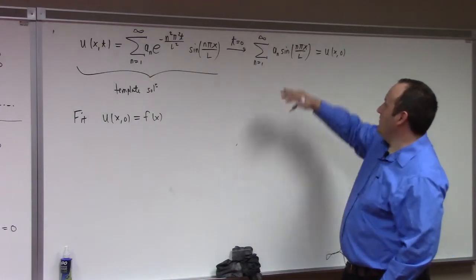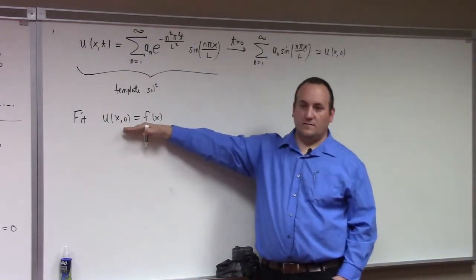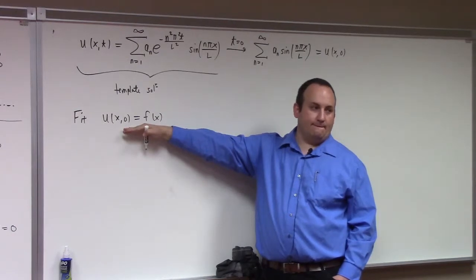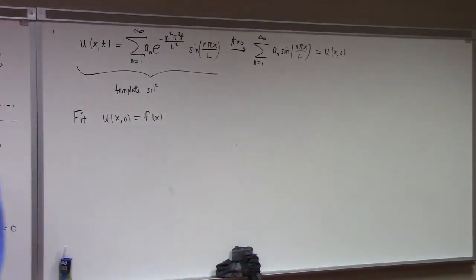Now how do you match your template solution to the initial condition? What you want to do is take the given initial temperature distribution and break it into its fundamental frequencies in some sense.